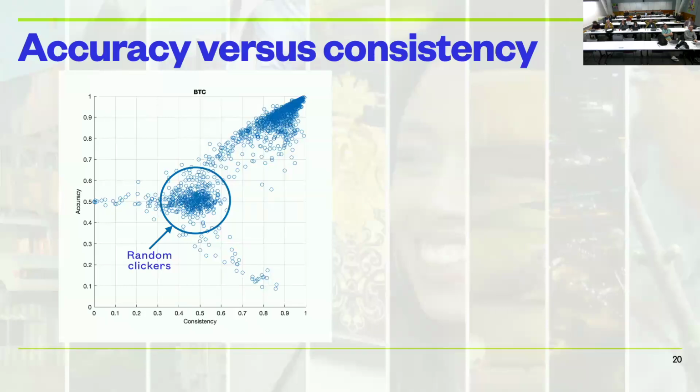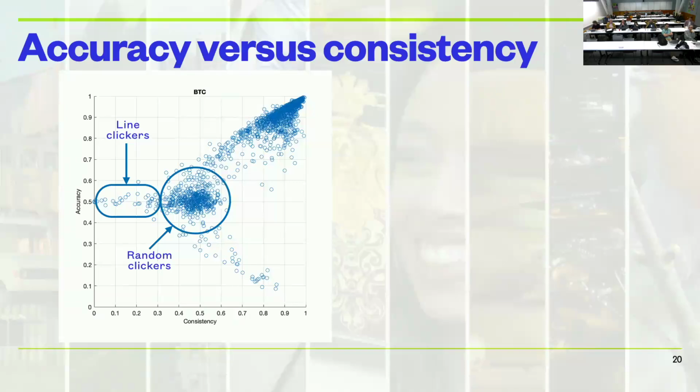Okay, but there are some other artifacts here, or effects. For example, over here, what do we have there? These are the line clickers. A line clicker is one that always clicks on the left button or always on the right button. So the accuracy will be 50%, right? Half of the time, the line clicker will be right, because it's either the left or the right image that has a stronger distortion.